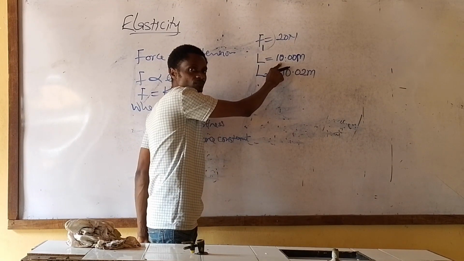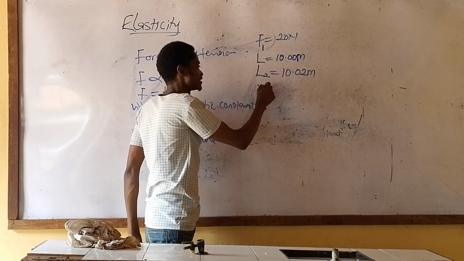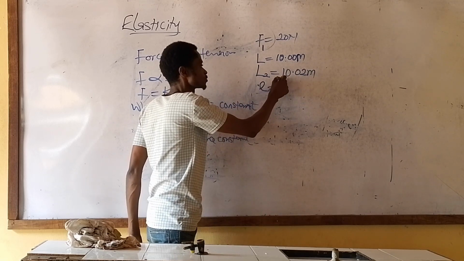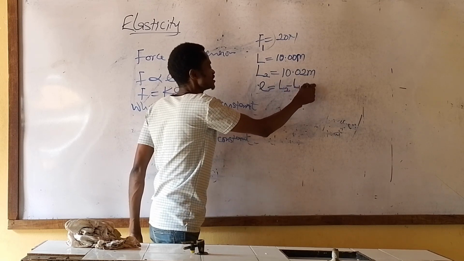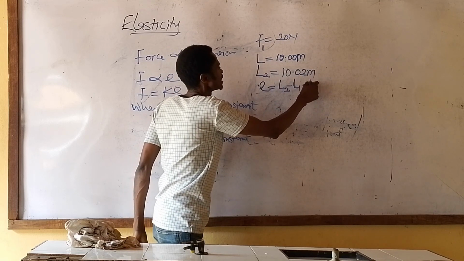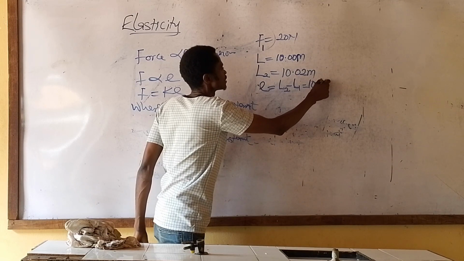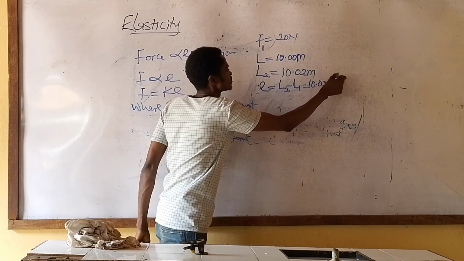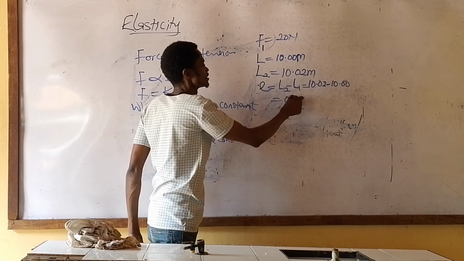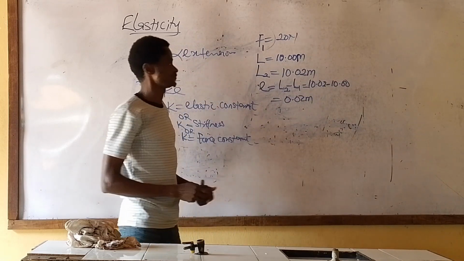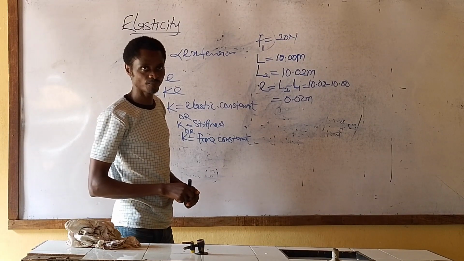Now, in this case, if this is your F1 that you applied to this 10.00 meter to extend it to this, that means extension is equal to L2 minus L1, which is 10.02 minus 10.00. That will give us 0.02 meter. Are you with me?